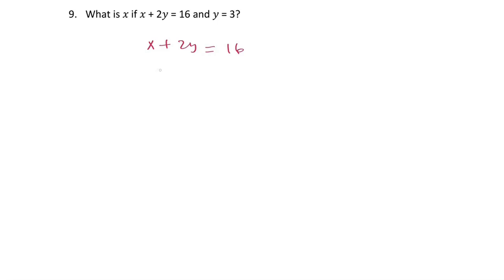We are going to have x plus 2 times 3 equals 16. Okay, so solving this and collecting the constant terms, we are having x equals 16 minus 6, of which this becomes 10. And this is the value of x required.